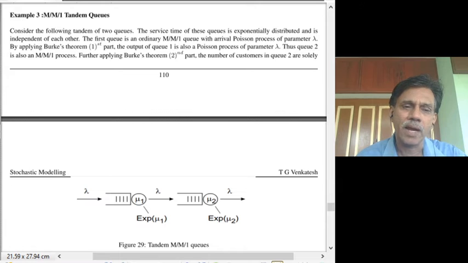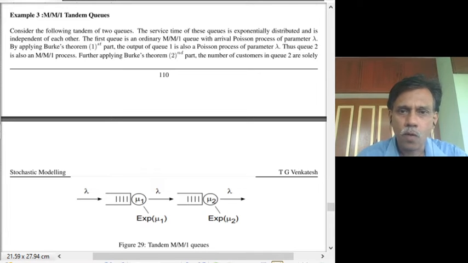And because we know that the arrival process for Q2 is Poisson, and naturally the service process is independent of the arrival to Q2, Q2 is also an MM1 queue and its behavior is independent of the first queue, excepting for the rate. The arrival rate to Q2 is fixed by the arrival rate of Q1. Given that as lambda, Q2's behavior is independent of Q1 statistically.